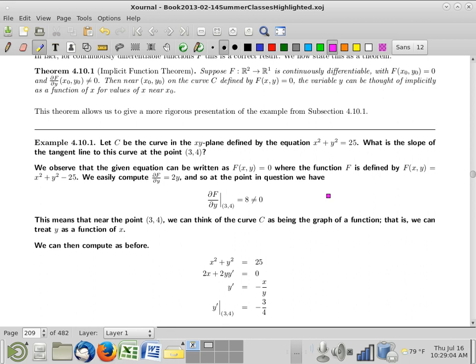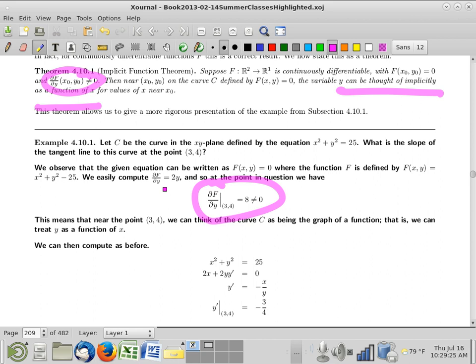If I want to know dy/dx, I need to know y is a function of x. So the way we decide whether y is a function of x, I look at the partial with respect to y, and confirm that it's not 0.